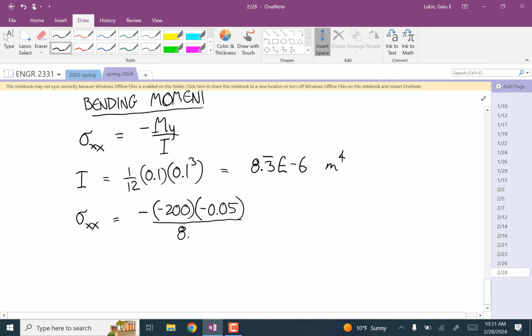Divided by 8.3 repeating times 10 to the minus 6.